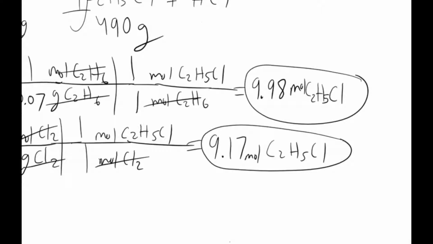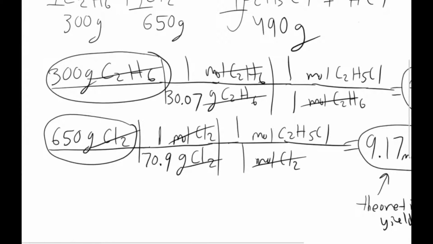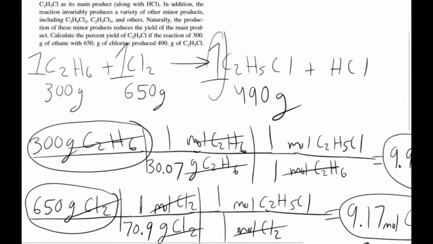Since this is the only possibility, this 9.17 moles of the chloroethane is considered our theoretical yield in moles. And since this was the theoretical yield in moles, the reactant that it came from, Cl2, is considered our limiting reactant.